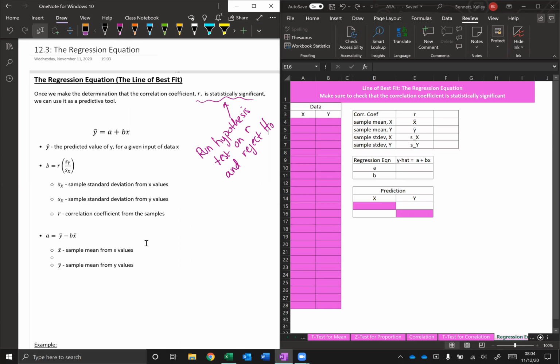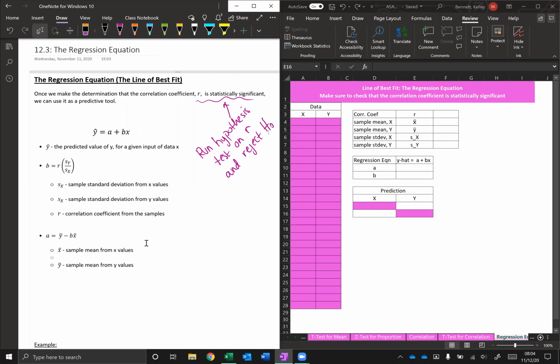So we've got y hat, we've got bar, we've got capitals, we've got lower cases. If you made it this far, I'm super impressed. This is the last hat, I promise. So y hat is the predicted value of y for a given input of data x. Remember that we are trying to create a line through the data so that if I said, what if x was 10?